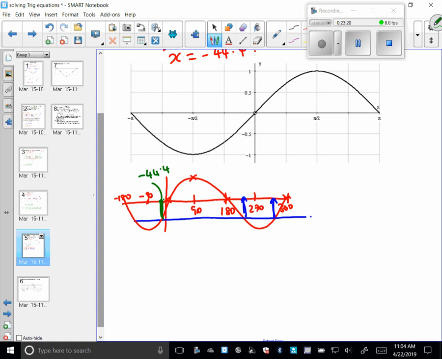So it means that this portion here is worth 44.4.